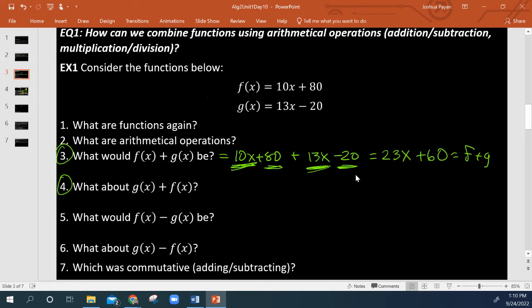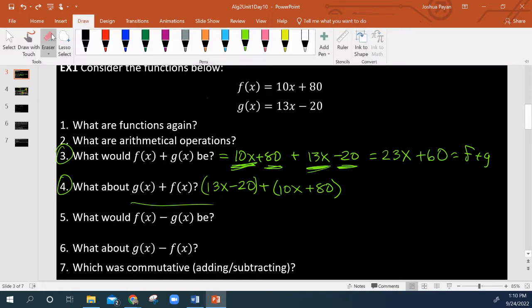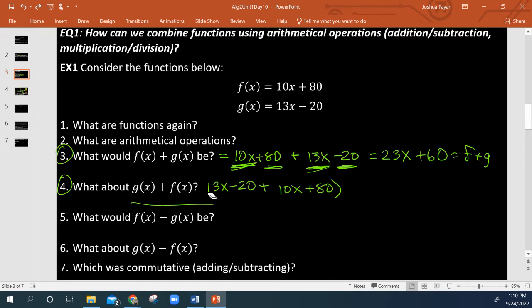Now, what do we get when we do g plus f? Well, that would be 13x minus 20 being added to 10x plus 80, right? So that's g plus f. Again, we see we have no need for the parentheses, so I can drop them.